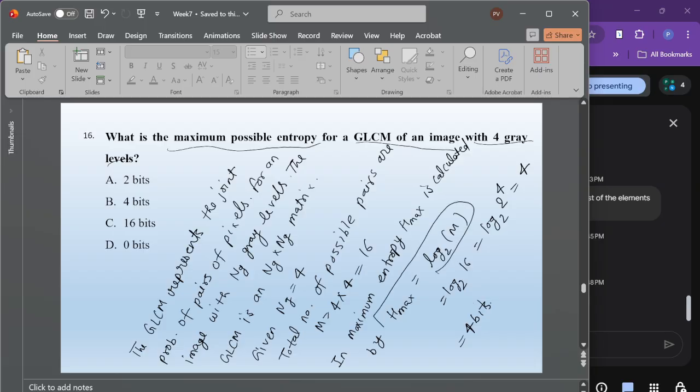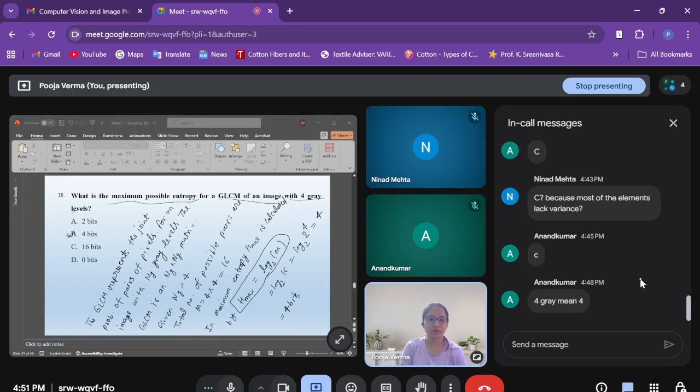Therefore, option B is the correct answer. You have just solved it mathematically. Is it fine to all of you?